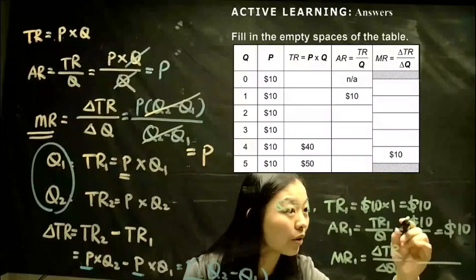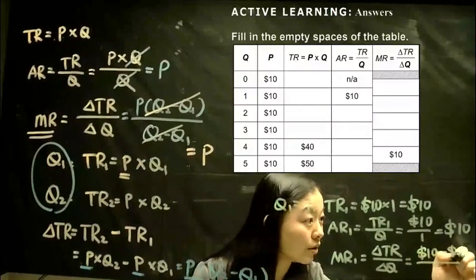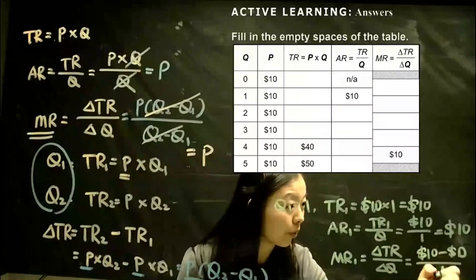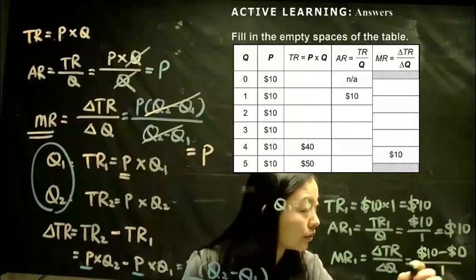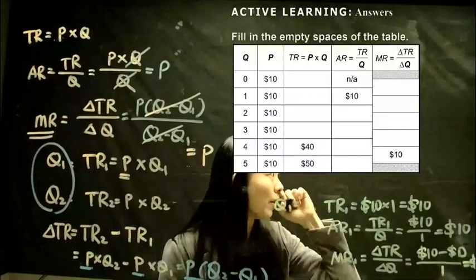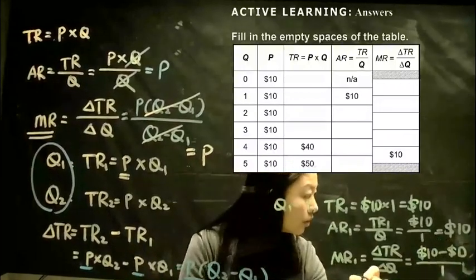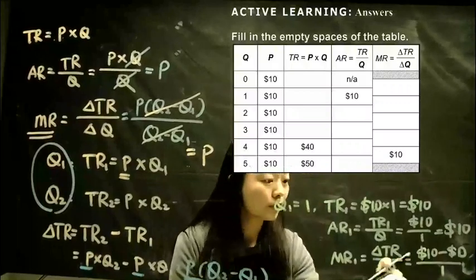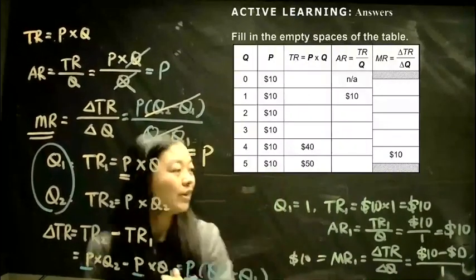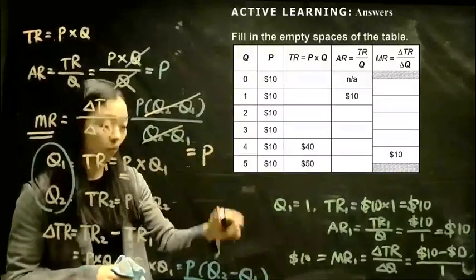So our current revenue is $10, subtract the previous 0. And then the change in output is from 0 to 1, so it will be 1. It will equal $10 as well. Okay, so this part is still equal. Let me just write it down here. It equals $10. Okay, so that you can fill the blank for quantity equal to 1.